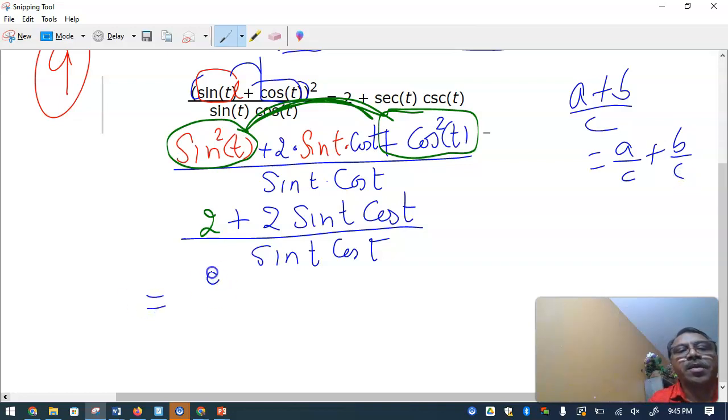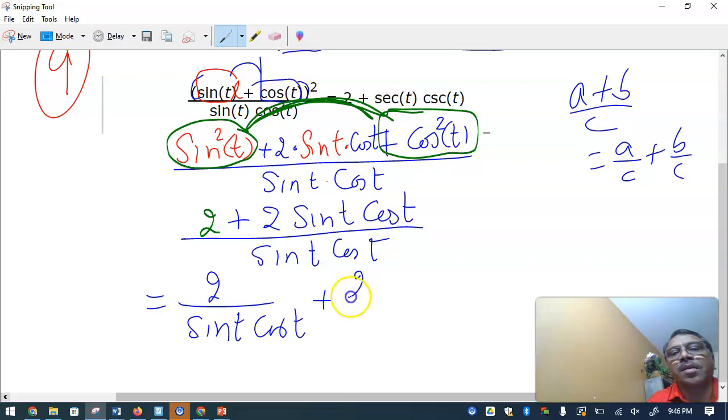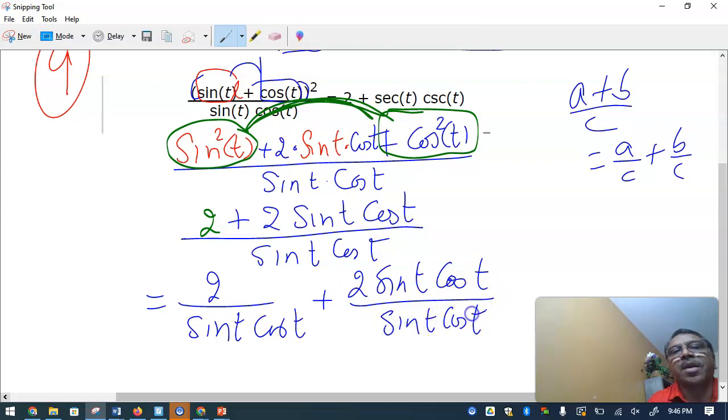So this will be 1 divided by sine t cosine of t plus the other one is 2 sine t cosine of t over sine of t and cosine of t. And you can clearly see you can cancel out this sine t and also cosine t.